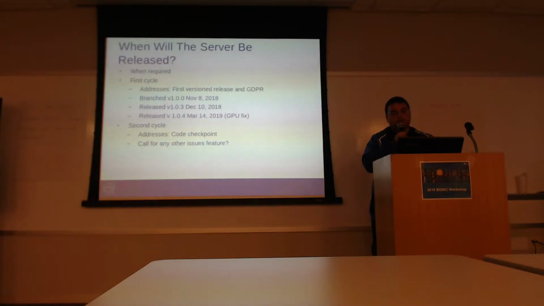Then we have the branched version November 8, 2018, released version 1.0.3 on 10 December 2018, and the next minor release on March 14, 2019, with some GPU fixes. Then we have the second cycle that addresses some code checkpoints and a call for any other issues or features, if there are any.